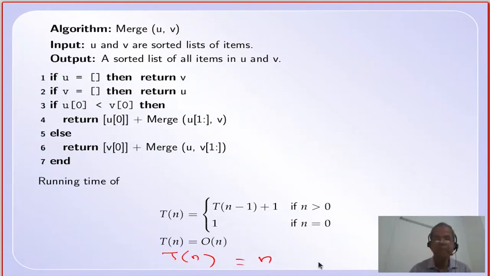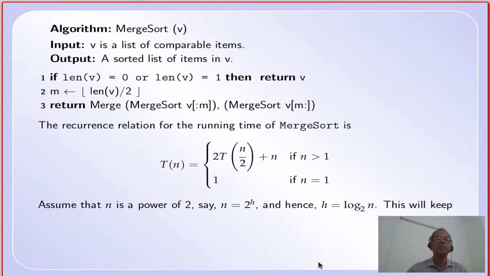But that is not the big point. The big point is merge sort. Algorithm merge sort takes one list as the input and produces another list as the output. Input is a list V, a list of comparable items. The items must be comparable. By comparable, I mean it is possible to apply these operations. Then we say it is comparable.